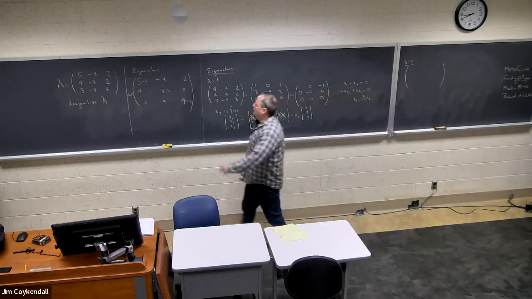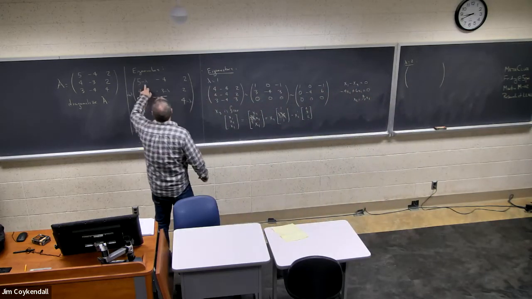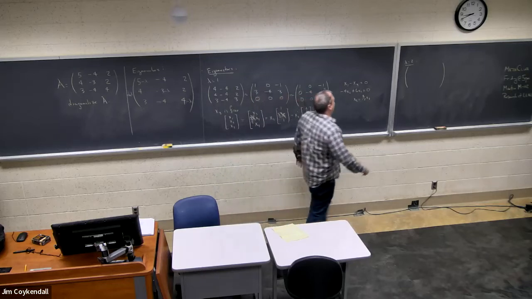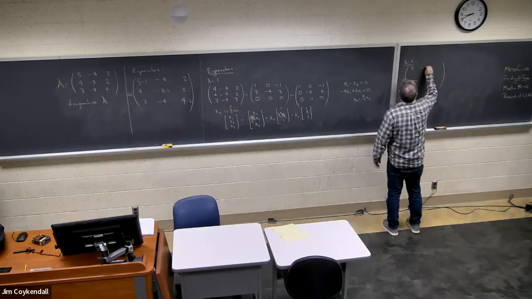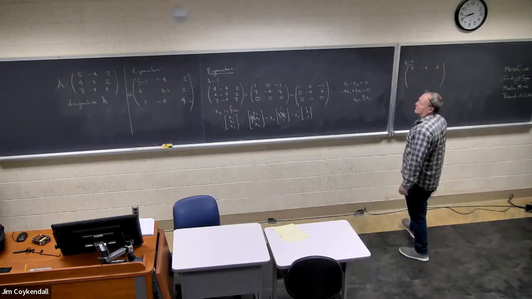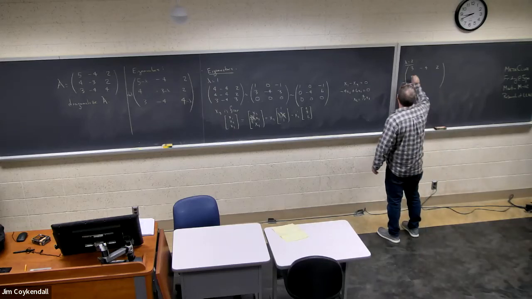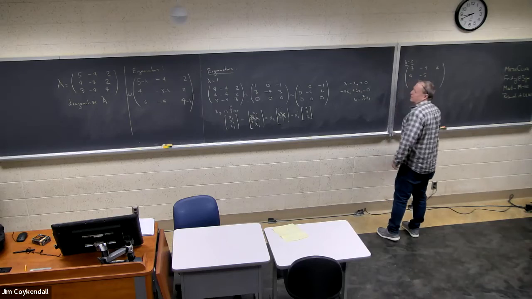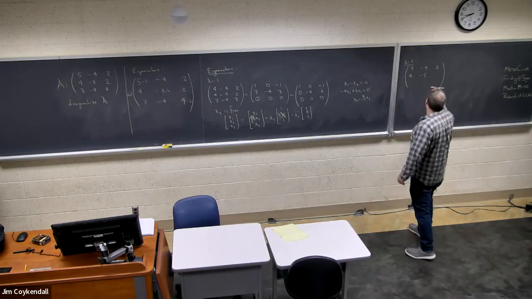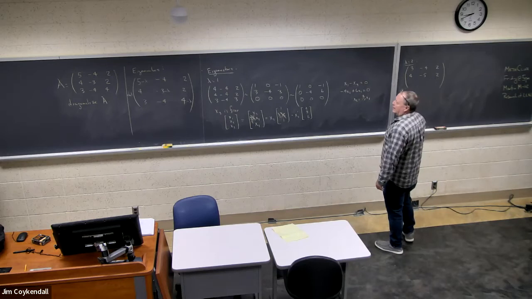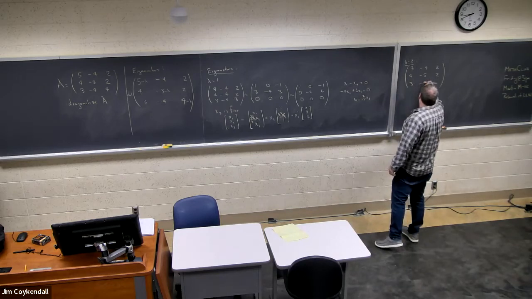For lambda equals 2, let me go back to my equation here. I'm subtracting 2 off of this. I get 3 minus 4, 2; I get 4 minus 5, 2; and I get 3 minus 4.